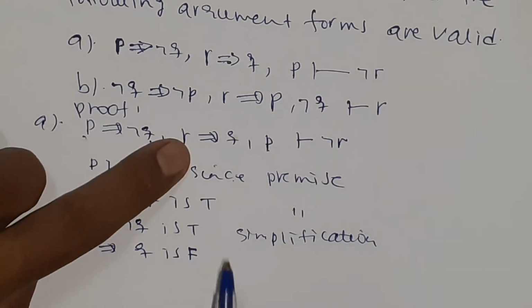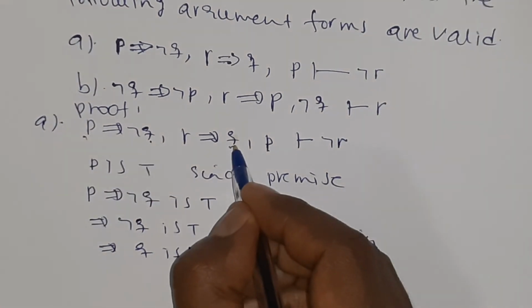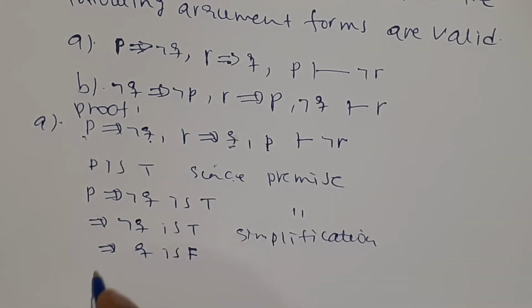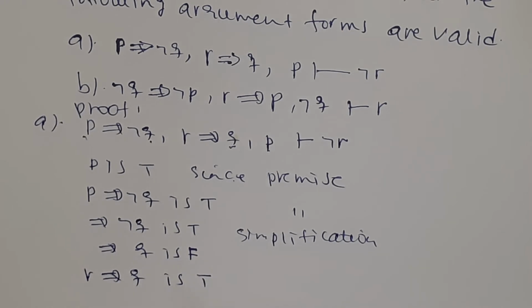If Q is false from here, and the statement that is simply again R implies Q is true, but we already have this one, that is Q is false, so for this logical implication to be true, this implies R must be false.